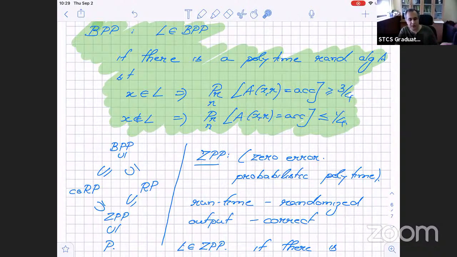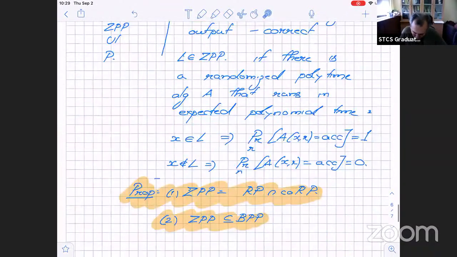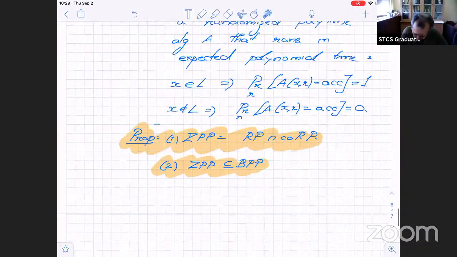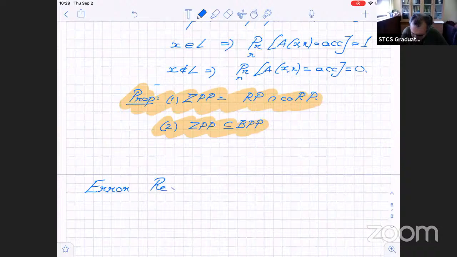In the course of trying to understand this, we will talk about various basic probabilistic inequalities that we will need, in particular the Chernoff bound. Questions? So what we'll do next is error reduction. Error reduction for RP was trivial. We're going to talk about error reduction for BPP.